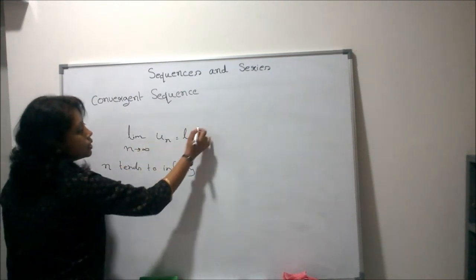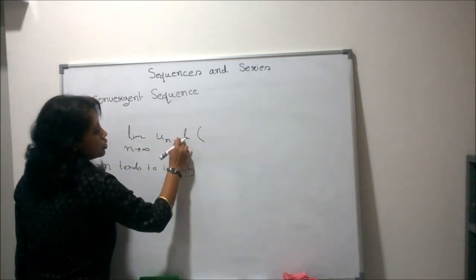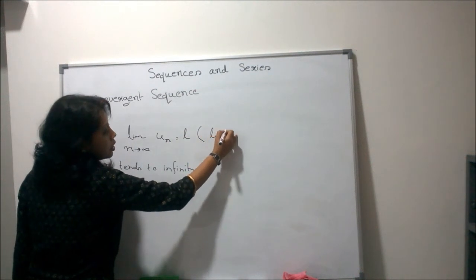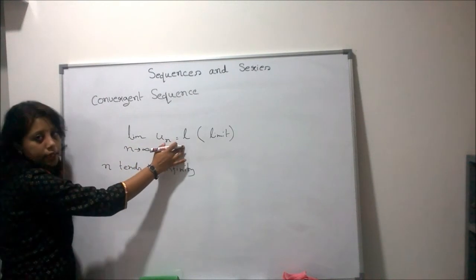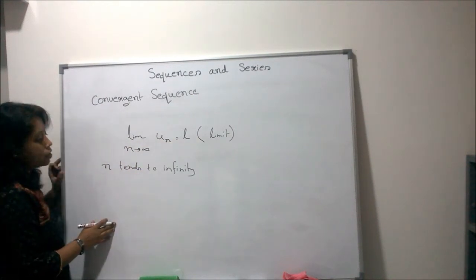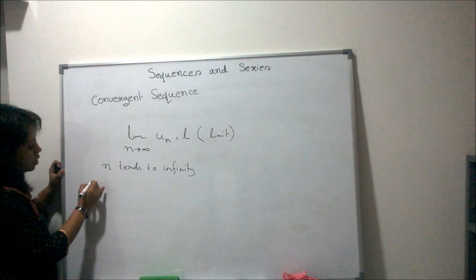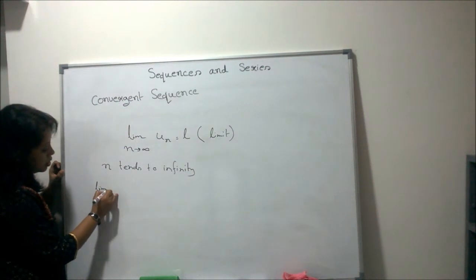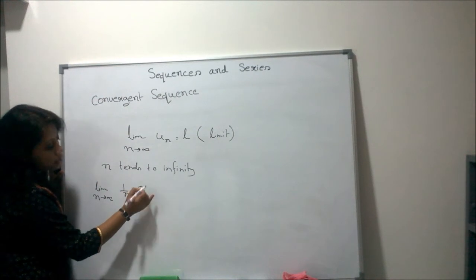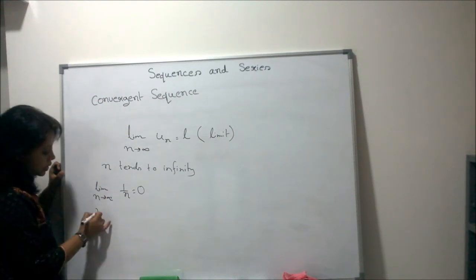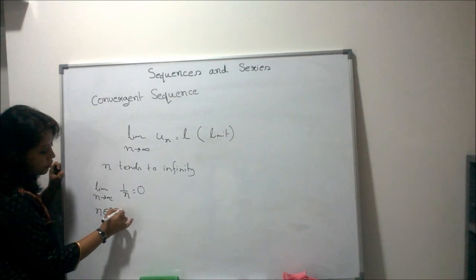It converges to the definite limit L. So for a convergent sequence, there must be a definite limit. Another thing to remember: limit n tends to infinity 1 by n is always 0, where n belongs to the set of natural numbers.